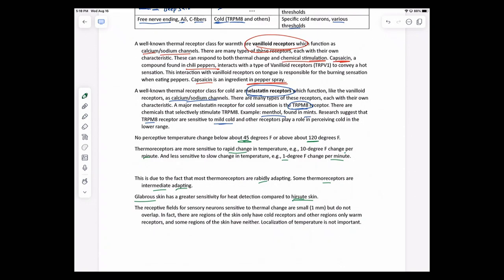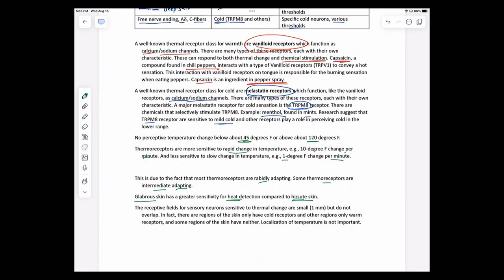Again, you have some differences in coolness as well, because they're pretty sensitive. They're more sensitive to coolness as compared to hirsute skin. So your glabrous skin, the fingertips, the palms of your hands, are by and large more sensitive to a change in temperature than hairy skin. But it seems to be really the case when we're talking about heat detection itself.